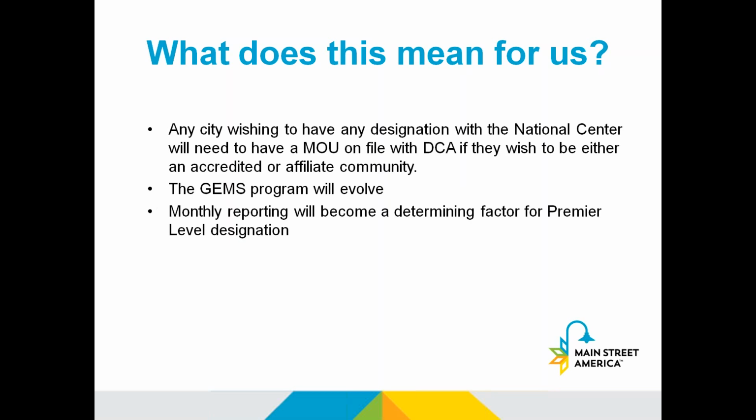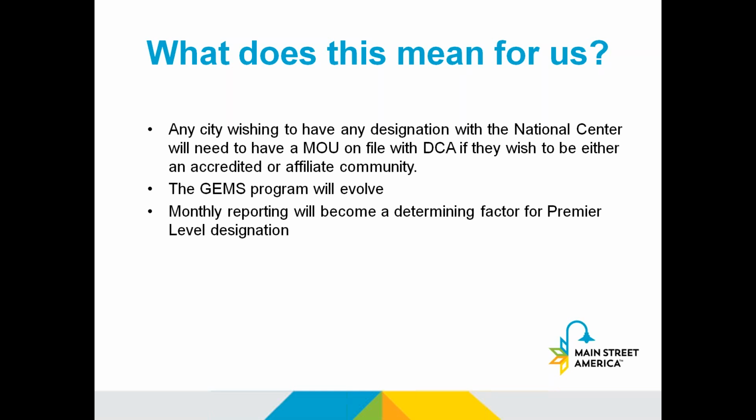Okay, so what does this mean for us? The great thing is that any city that is wishing to have a designation with the National Center will be able to go through us for that. So all those communities that have been in the R-Town level or even the affiliate level, any of those communities that are wishing to get into the program until we start the startup program, they actually will have access to that affiliate level on the National Main Street Center through us.